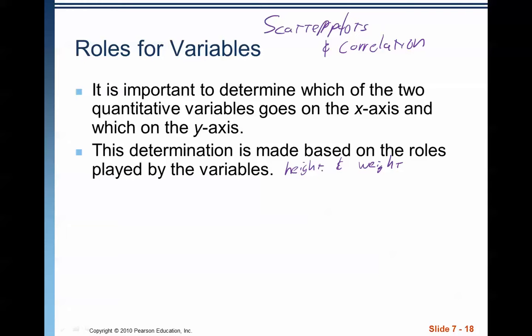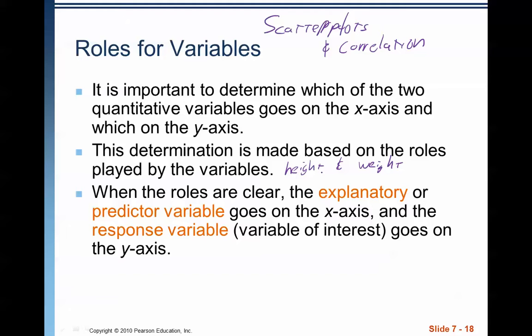In general, we would say that height is an indicator of weight, and therefore we would call height the predictor variable, or sometimes the explanatory variable, and the weight would be the response variable, or sometimes called the variable of interest. So height is the thing determining weight, and therefore weight would be what we call responding to height.